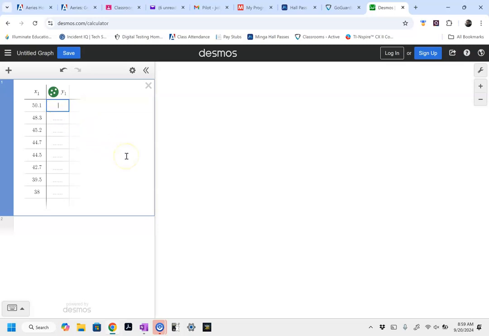I'm going to put the 178.5, 173.6, 164.8, 163.7, 168.3, 165, 155.4, and 155. I hope this will work for me because I don't see the chart here, but let me see.